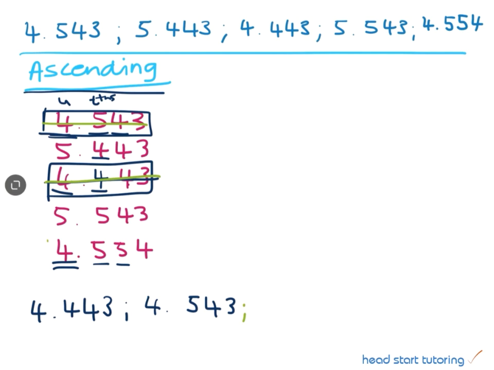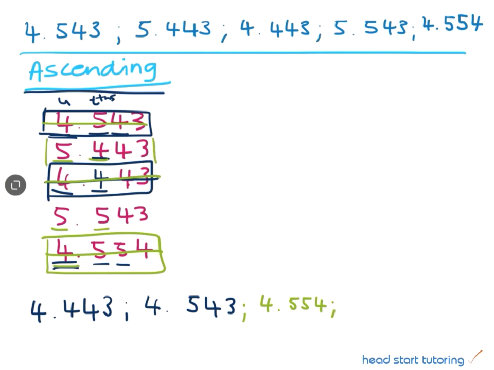So now obviously this number is going to be the next because that's the next number that has a 4 in the units column. So we've got 4.554. Right, so we've dealt with that one. Let's now have a look at our 5s. So we've got 5.4 over there, and we've got 5.5 over there.